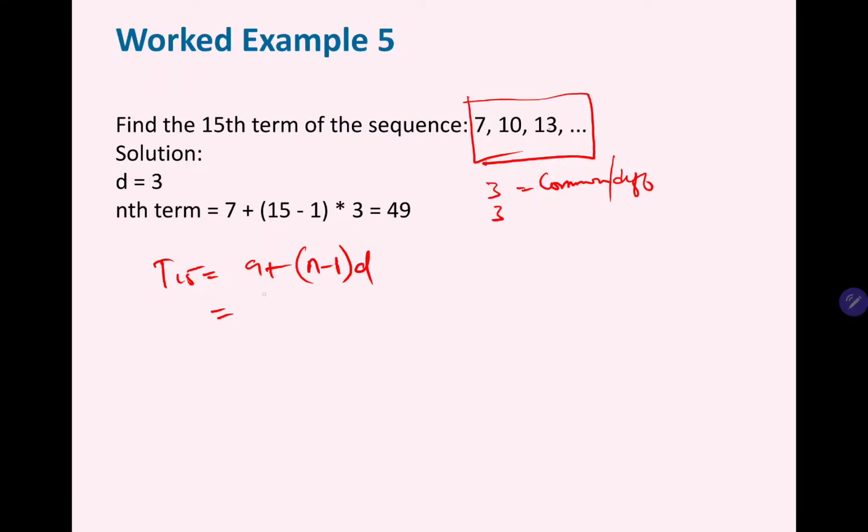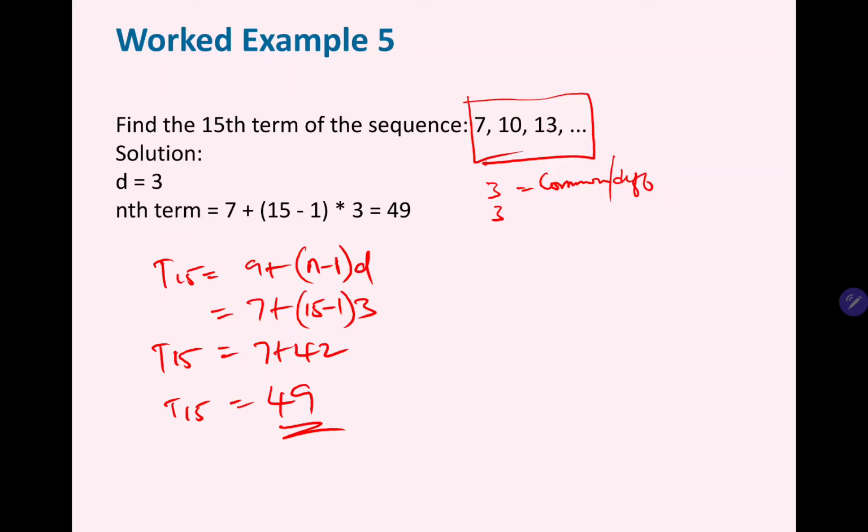The first term here is 7 plus, we're looking for the 15th term, 15 minus 1, and the common difference here is 3. So 15 minus 1 is 14, 14 times 3 is 42, 7 plus 42, and the 15th term will be 49.